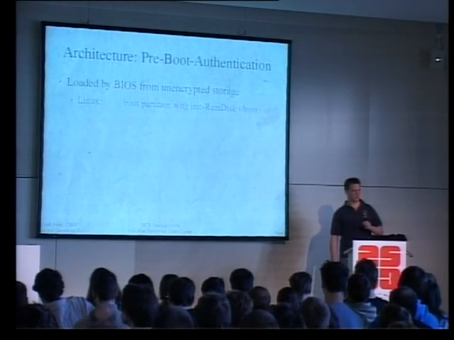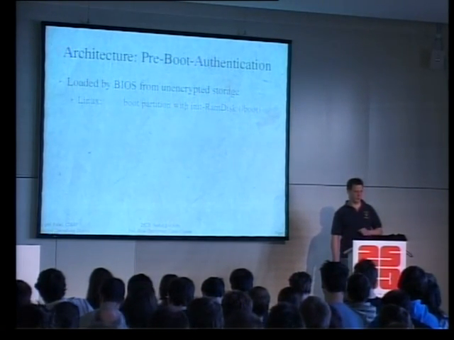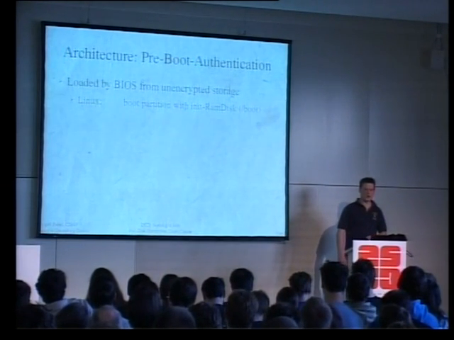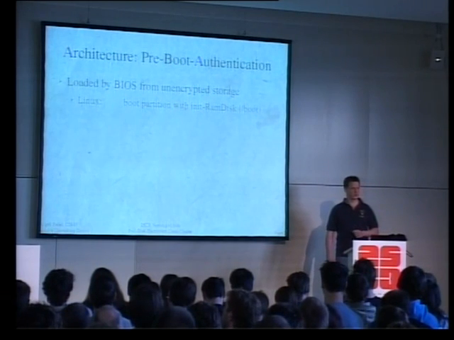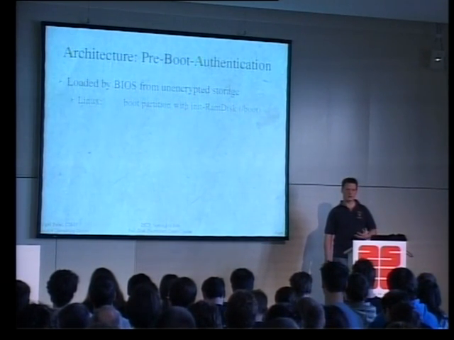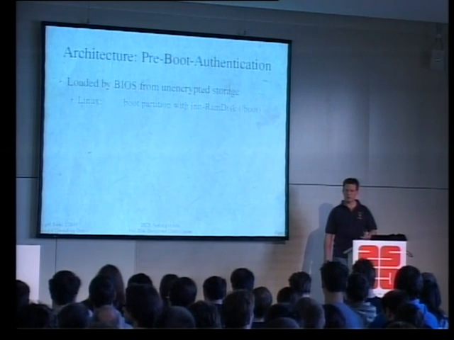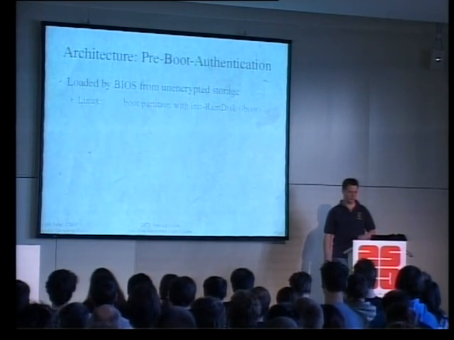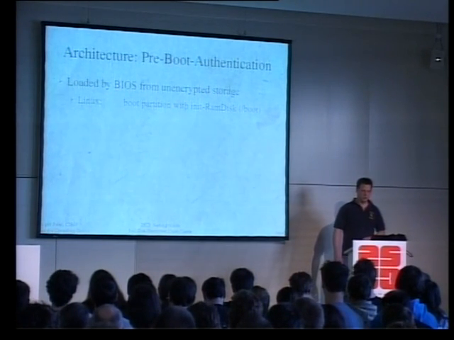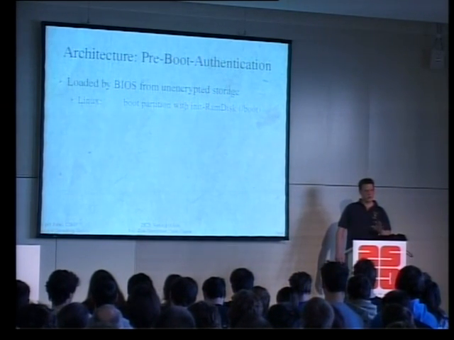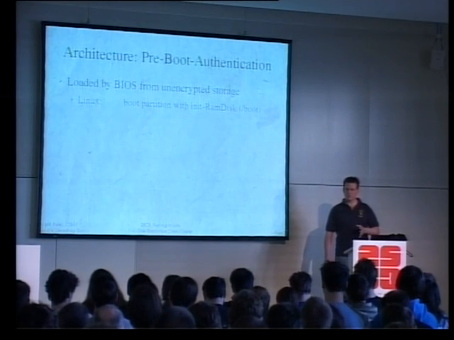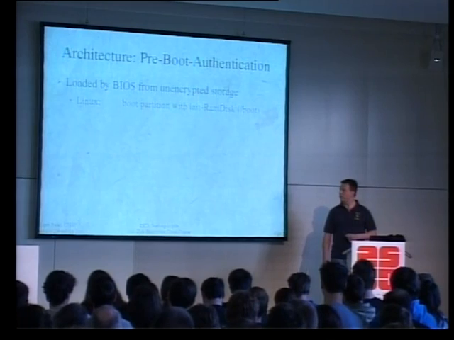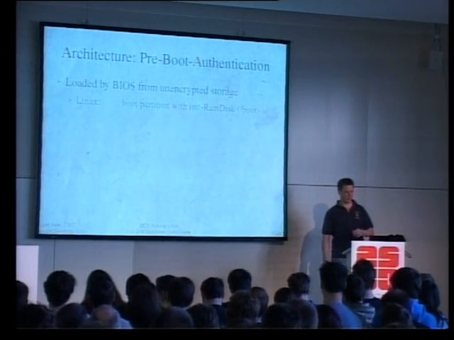You usually have an unencrypted boot partition that holds your kernel, your init RAM disk, and this partition contains the logic to display a prompt to get the password, to ask you to insert your smart card, whatever. So this is sort of not really a pre-boot authentication by implementation, if you want to be real specific about it, but it's sort of that.